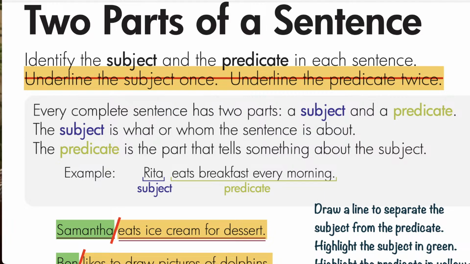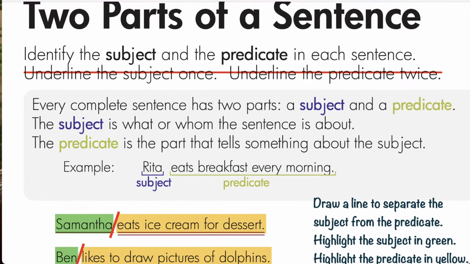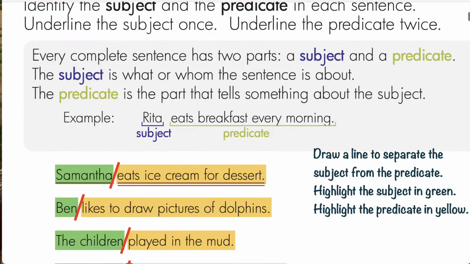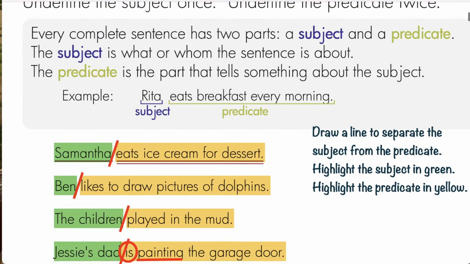I don't know why we did. Maybe we didn't. Oh, there we go. Oh, I did it. Look at that. I did it. Yay. Okay. I think we just didn't do that.